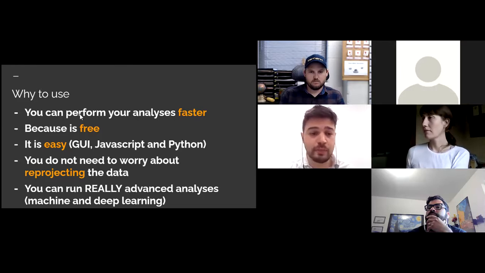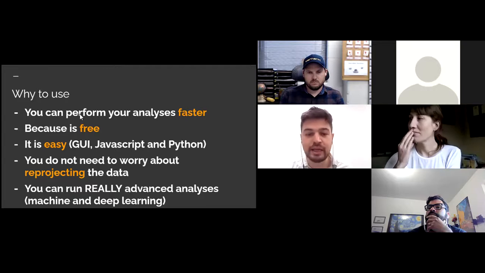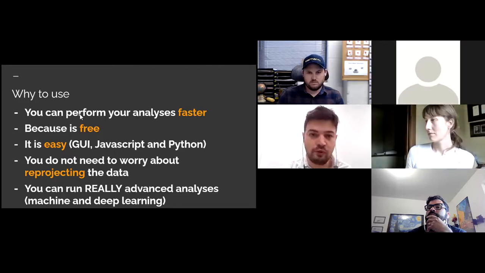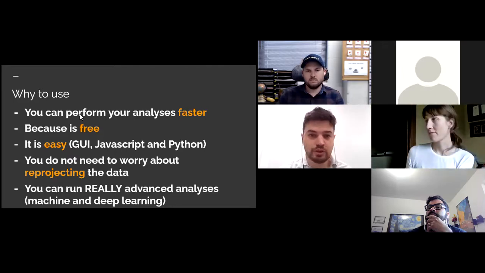And the last one that I put here, you can run really, and when I say really, I put it in capital letters because it's really advanced analysis. We are not going to focus on this more complicated analysis today, but you can perform everything from machine learning to deep learning. Machine learning includes algorithms like random forest and gradient boosting.